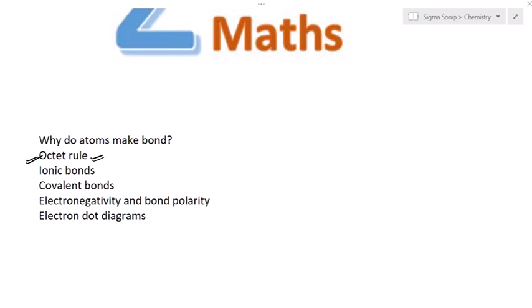Atoms can get an octet in their outermost shell in 2 different ways. One way is by complete transfer of electrons, and that gives rise to ionic bonds. Atoms on the left side of the periodic table have very low electronegativity, and they very easily lose 1 or 2 electrons and become positive ions.